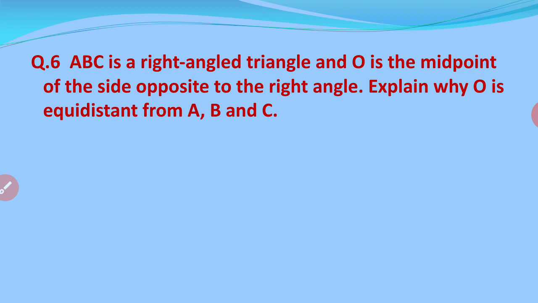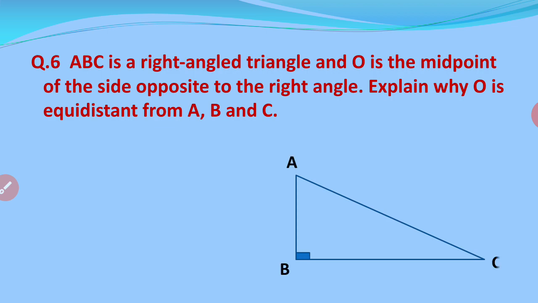ABC is a right angle triangle and O is the midpoint of the side opposite to the right angle. So this is the right angle triangle ABC. It is right angled at B, as we can see in the figure, and O is taken as the midpoint of the side opposite to the right angle, that is AC.